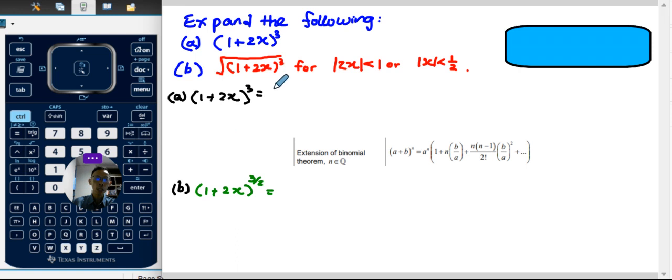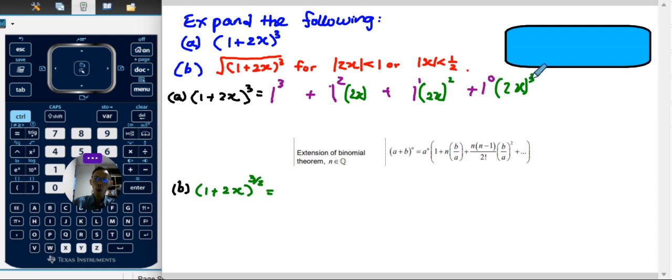Usually this is how I do (1 + 2x) cubed. I write 1 cubed, 1 squared, 1 to the power of 1, 1 to the power of 0. And at the same time, I write the second part: 2x to the power of 1, 2x to the power of 2, and 2x to the power of 3.